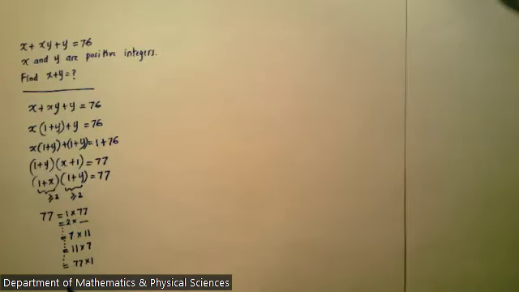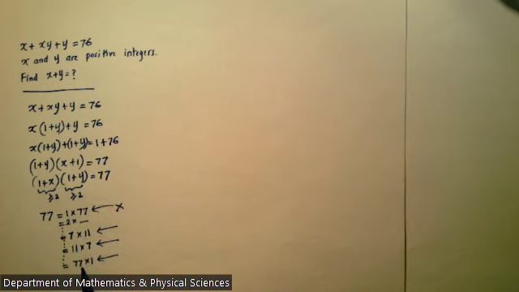Out of these integer products, we know 1 plus x should be greater than or equal to 2 and 1 plus y should be greater than or equal to 2. So out of these 4 integer products, we see that it cannot be this, because then one of the numbers is 1, which is not greater than or equal to 2. So it cannot be.